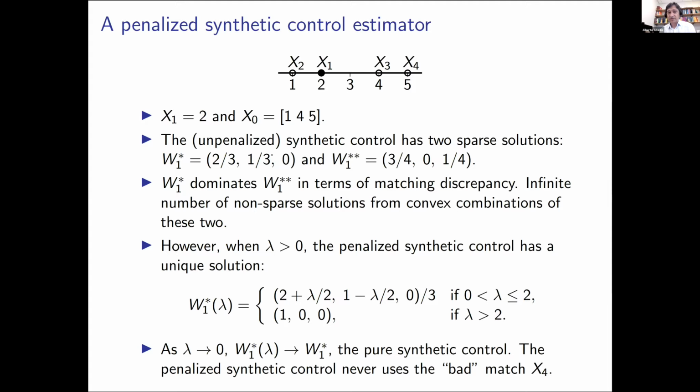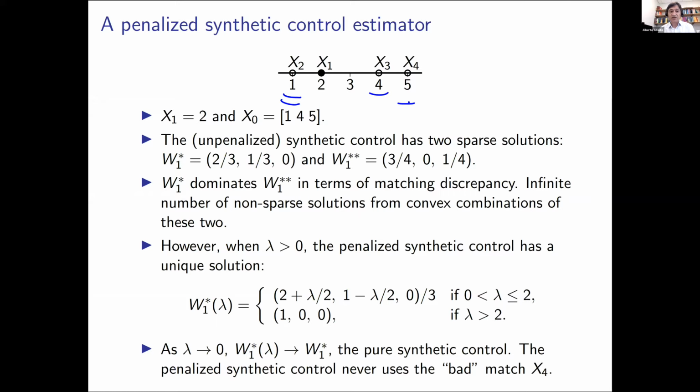You can see here that the unpenalized synthetic control estimator has 2 sparse solutions. The first one is obtained when you use x2 and x3 to interpolate x1, and the second one is obtained when you use x2 and x4 to interpolate x1.